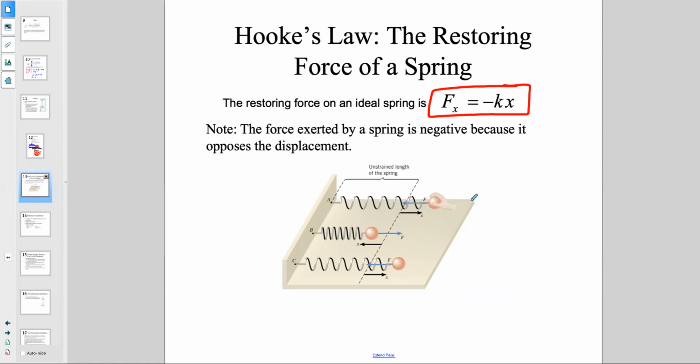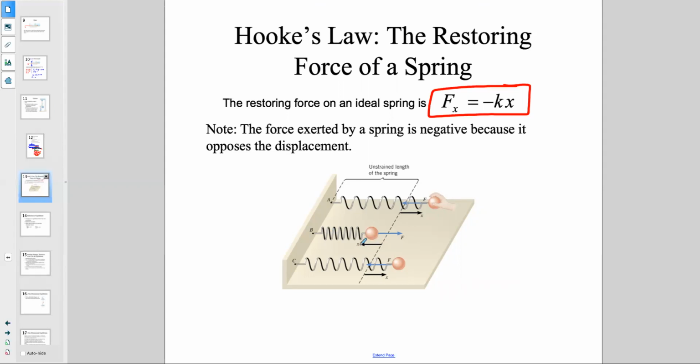You are stretching the ball, okay? You are moving it from this point towards the positive x direction. So the displacement is this arrow that you can see on the screen, but the force is in the opposite direction of the displacement. So that's why you have a negative here. On the other hand, if you compress the spring, so you're making the displacement of x to the left.